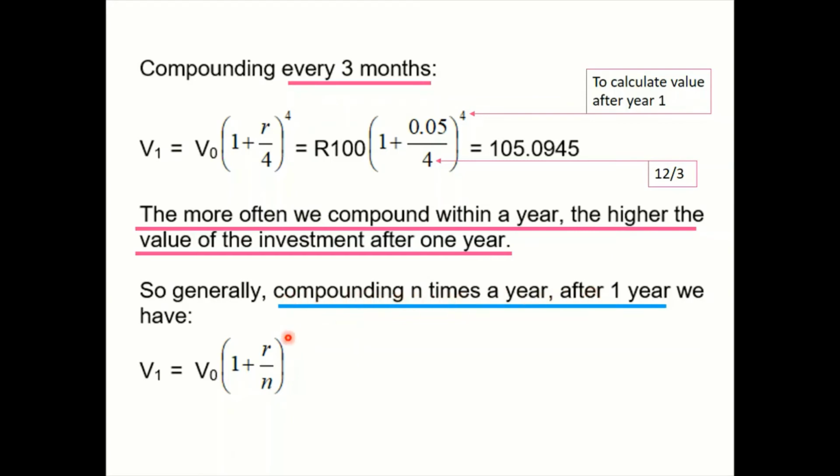After 1 year, the value of our investment is worked out by taking our original investment and multiplying it by 1 plus the annual interest rate divided by the number of times we are compounding during that year, and then this bracket is raised to the power of n.